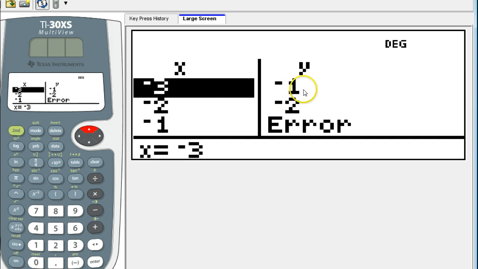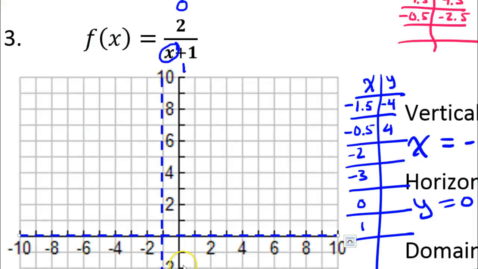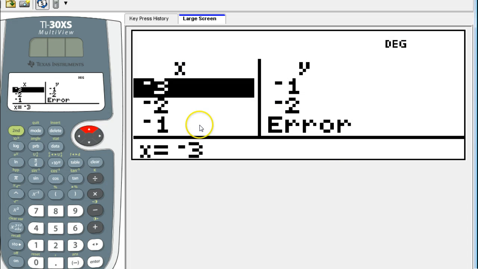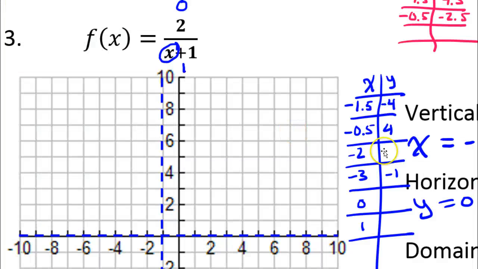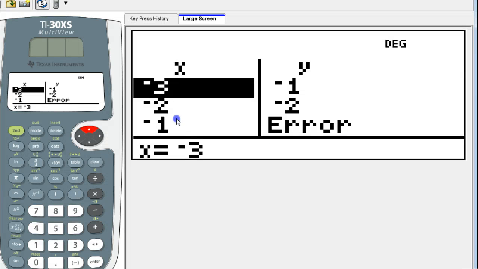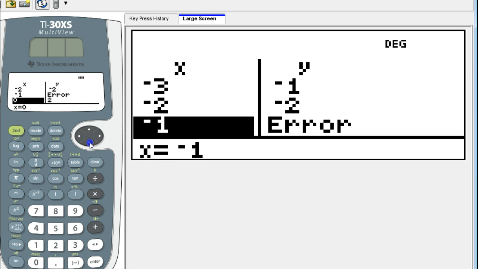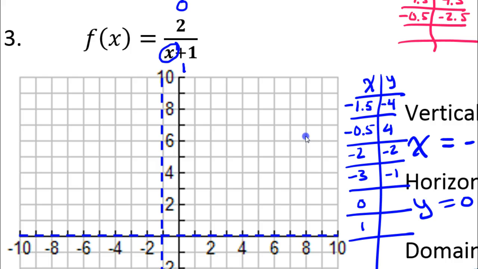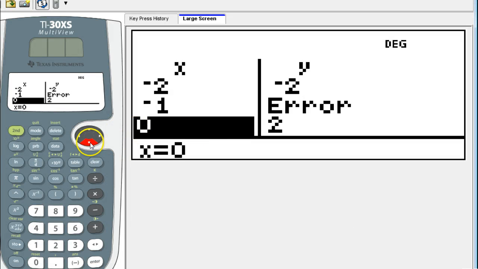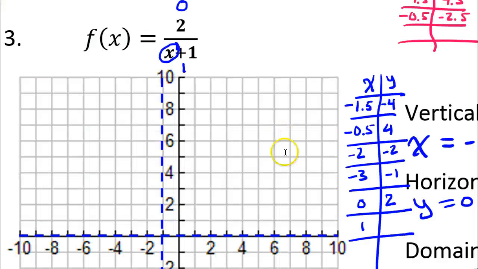Okay, so at -3, I've got -1. At -2, I've got -2. At 0, I've got 2. And at 1, I've got 1.